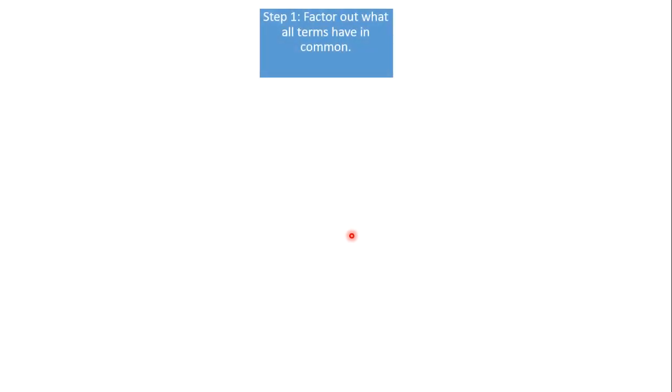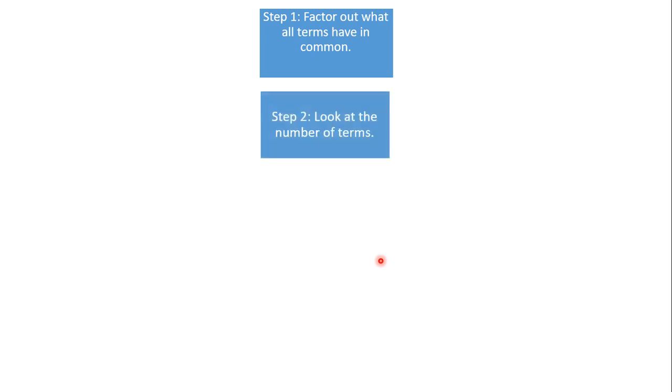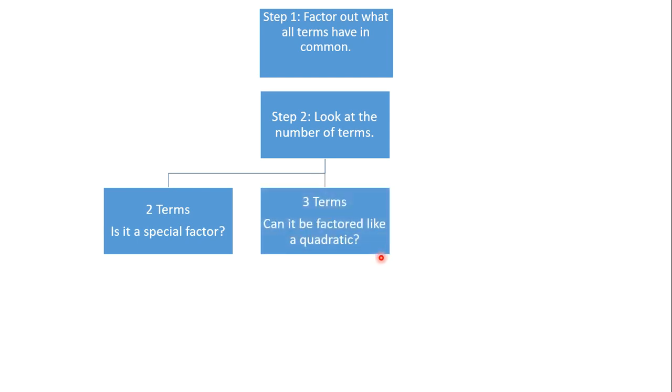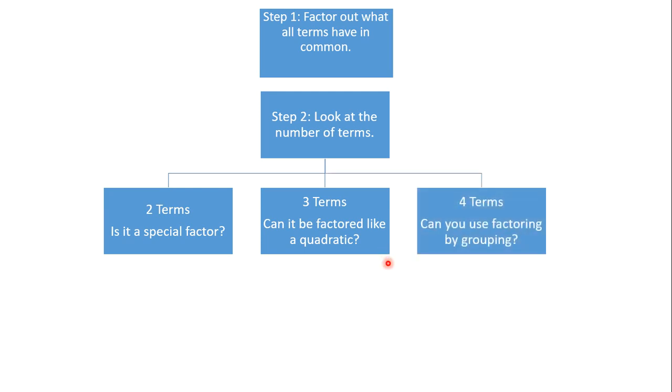Before we get to what we have to do, I want to get an actual graphic of the steps. So step 1, factor out what all terms have in common. Step 2, we're going to look at the number of terms. If there's 2 terms, we have to ask ourselves if it's a special factor. 3 terms, can it be factored like a quadratic? 4 terms, can you use factoring by grouping?